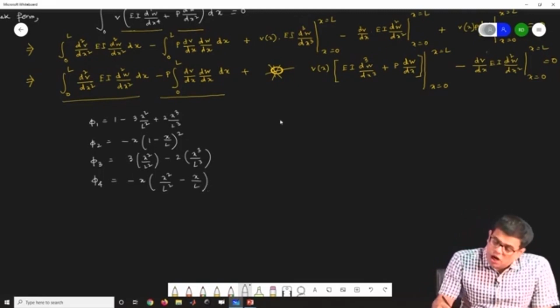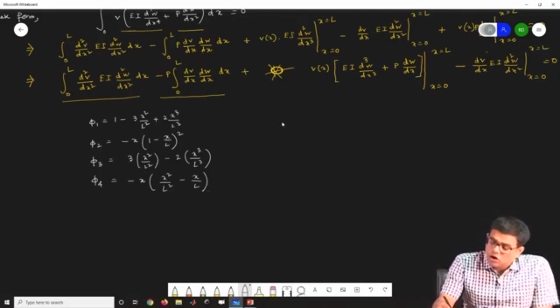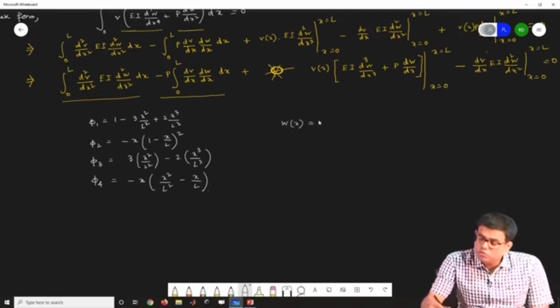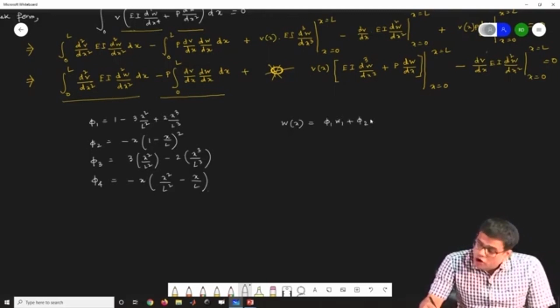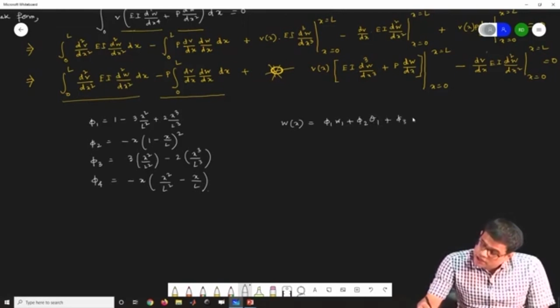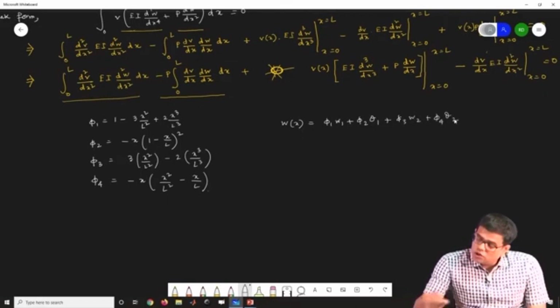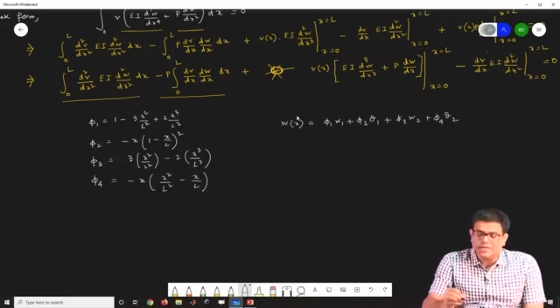Now the deflection w(x) I can assume like this: phi 1 W1, phi 2 theta 1, plus phi 3 W2, plus phi 4 theta 2. So this is my finite element approximation for the element.